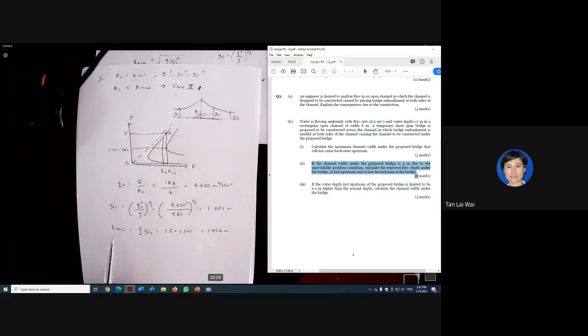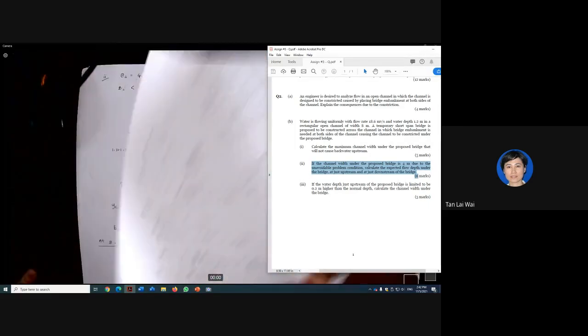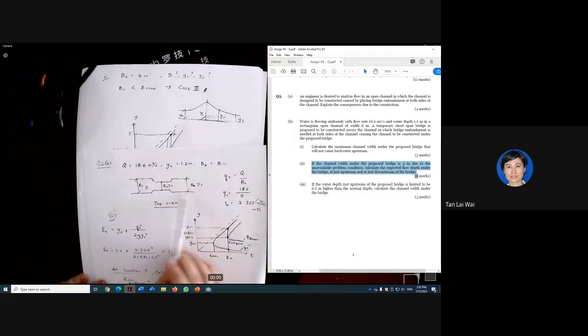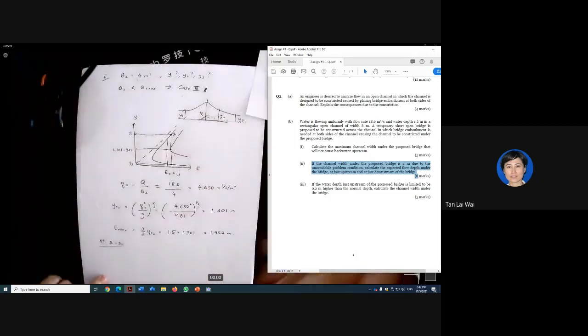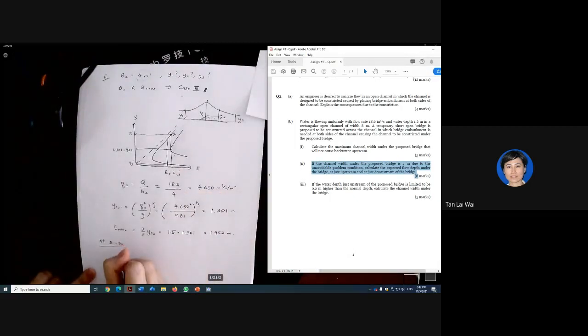Once I have this, at B equals to B naught, that means at this location, my E13 new is equal to E min 2, which is 1.952 meter.